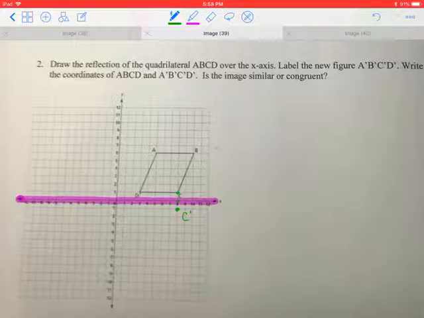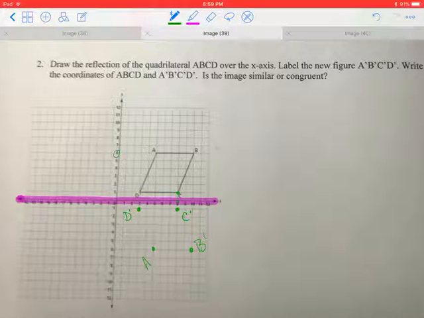Same for D. It's 1 away from that axis, so I go 1 on the other side, and that'll be D prime. B's a little bit higher. It's 6 units away, so I go to the axis and I want to go down to -6 on the other side. And then A is also 6 away, so I go 6 on the other side.